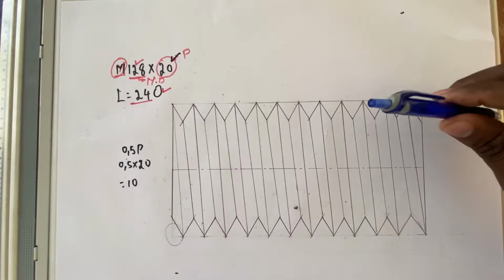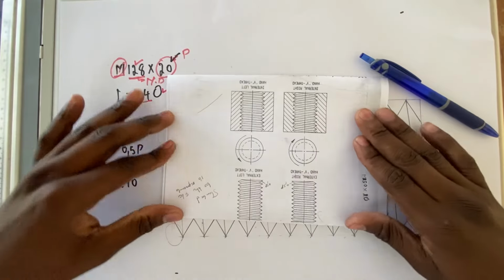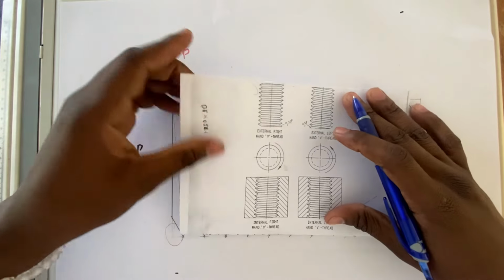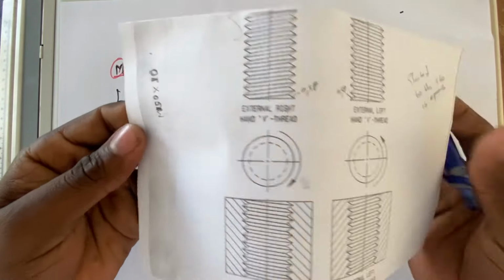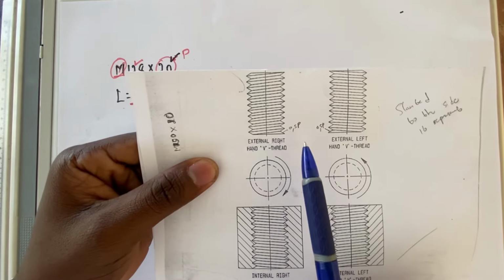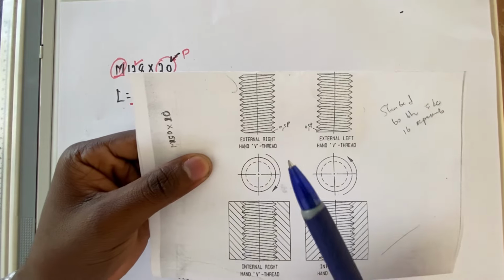Let me just show you what I mean by that. This is what you're going to be having when you are dealing with an external and internal. Now, on my external right hand V screw thread, look at my 0.5 pitch.